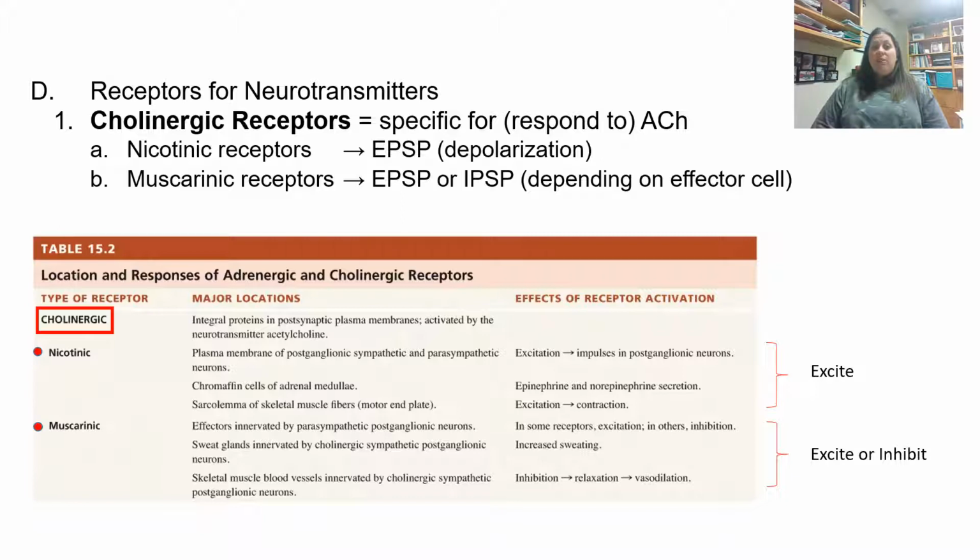So nicotinic receptors are going to be excitatory. They're going to depolarize. Whereas what we call muscarinic receptors are going to either be excitatory or inhibitory depending on the effector cell that they're going to talk to. So this just gives you a little table or chart that shows you these types of cholinergic receptors, their major location, and their effects that occur.